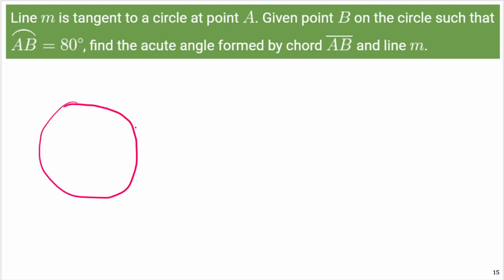We have a circle, and line M is tangent to the circle at point A. Given point B on the circle such that arc AB is 80 degrees, we are trying to find this angle here. I'll give you 1 minute to think about this question, okay? And then we'll have a look at the solution together.